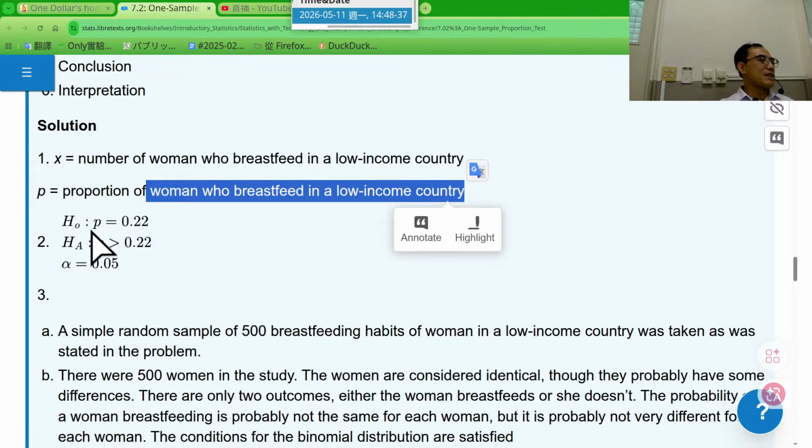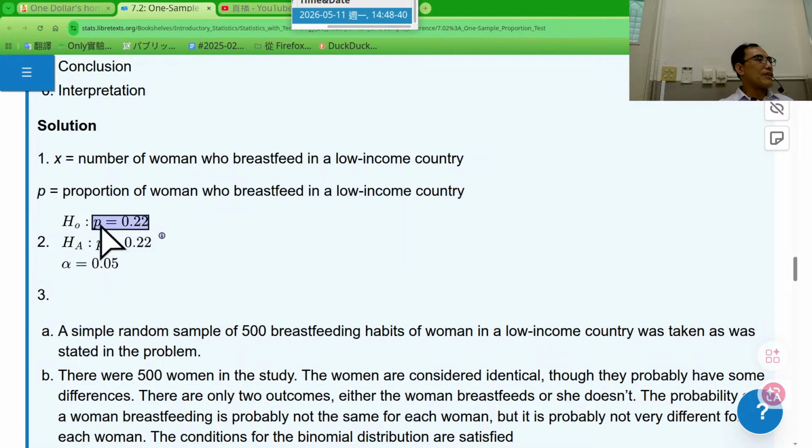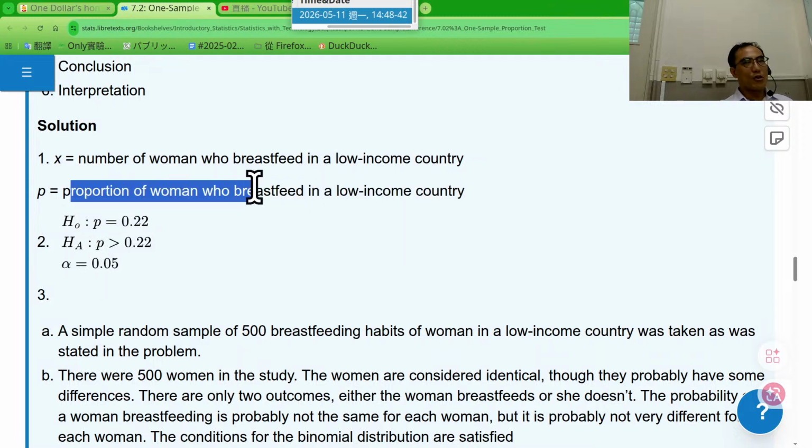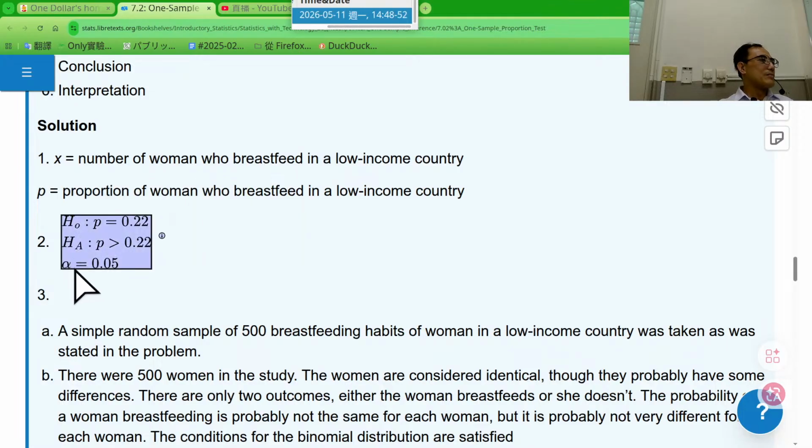The null hypothesis: the proportion is the same as 0.22, the breastfeeding rate in Germany, 22%. The alternative hypothesis: P is greater than 0.22, and set the alpha level at 0.05.